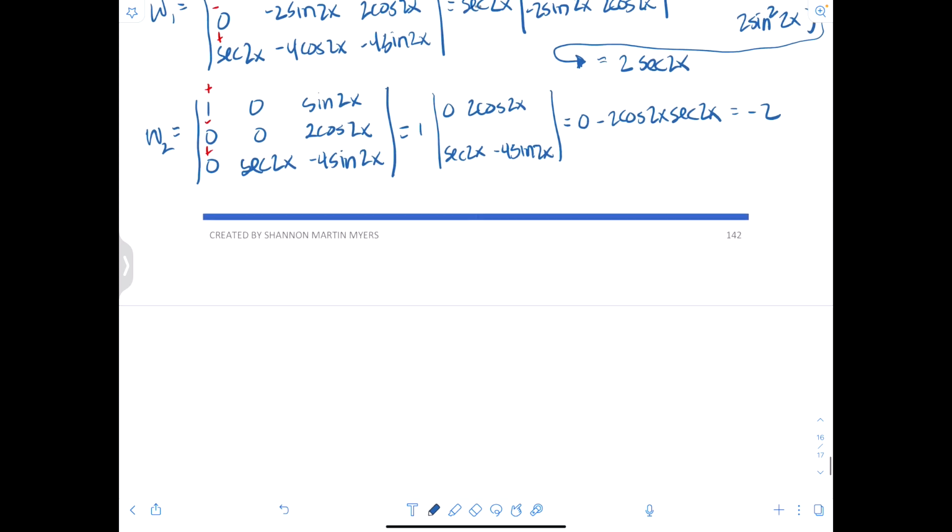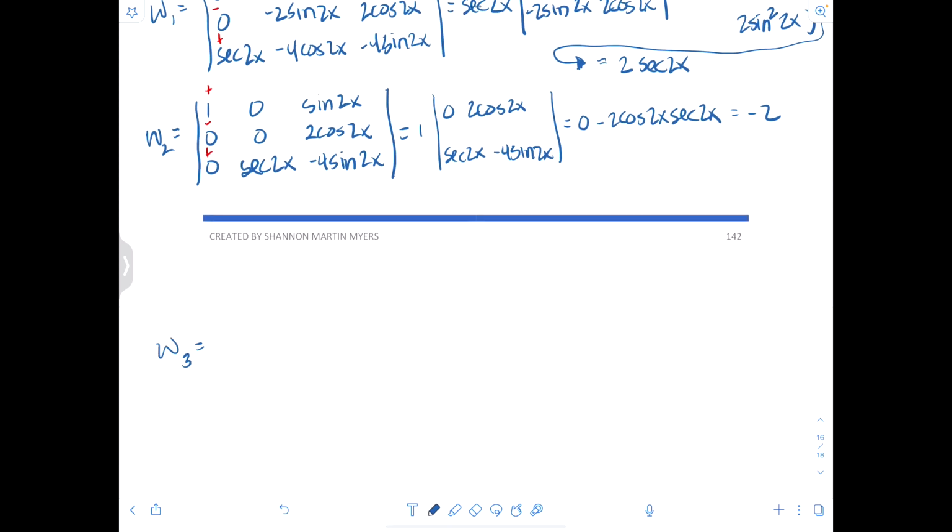Looking good here. And then W3 will be 1, 0, 0, cosine 2x, negative 2 sine 2x, negative 4 cosine 2x. And then replacing the last column with our 0, 0, and secant 2x.